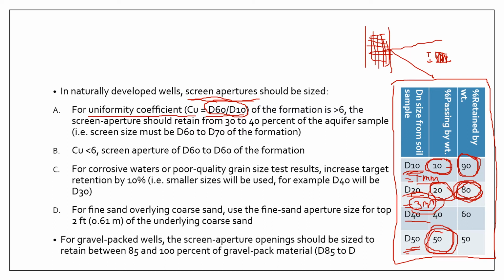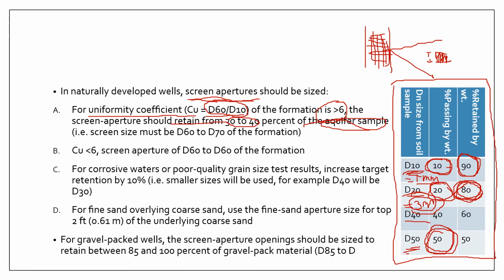Now for a uniformity coefficient that is larger than 6, the screen aperture size should be able to retain 30% to 40% of the aquifer sample.